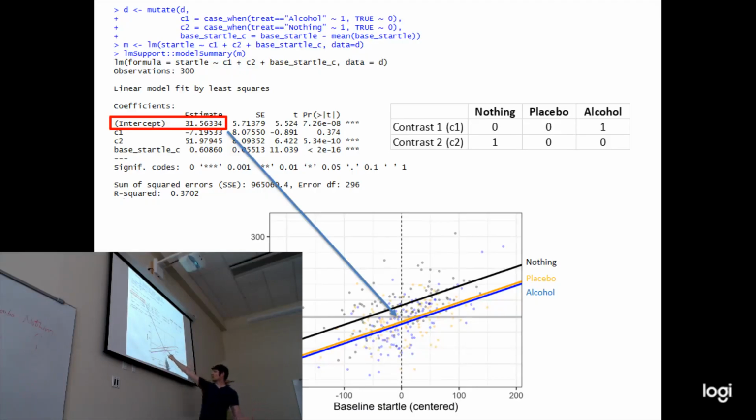So where this orange line meets the dotted line, that is the intercept from our model. The reason this is true, once again, is that the intercept is always the predicted value at 0 on all of my predictors, while 0 on C1 is the placebo group, 0 on C2 is the placebo group.